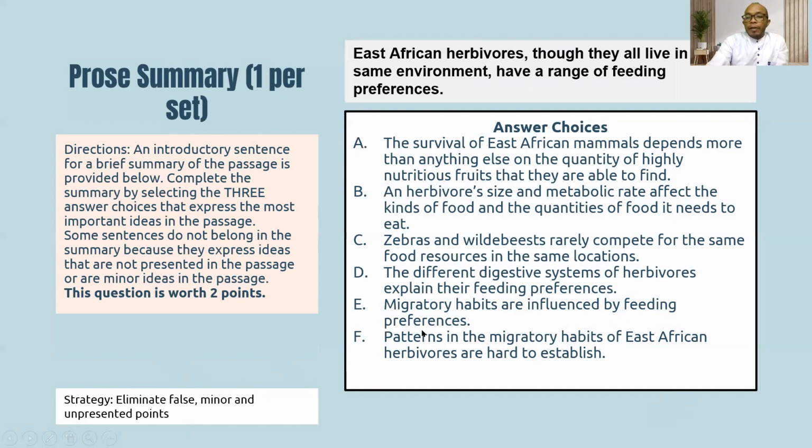And the other 3 options or points will be either something wrong, something too small or narrow in scope of discussion or ideas, or something that is simply not explained or given in the passage.